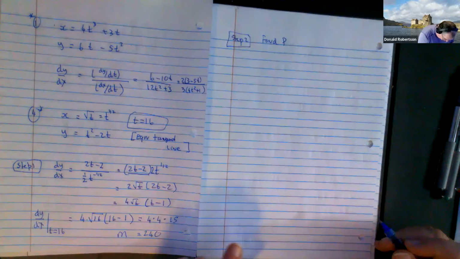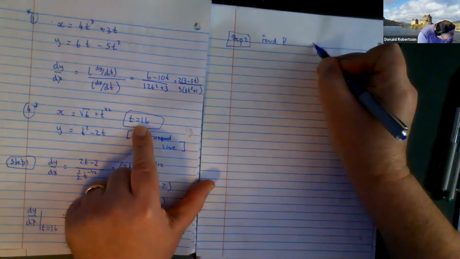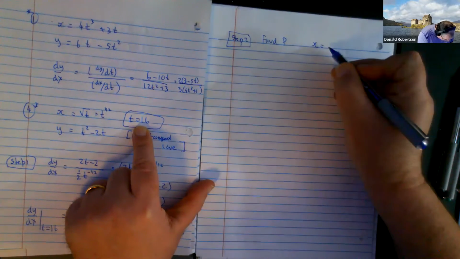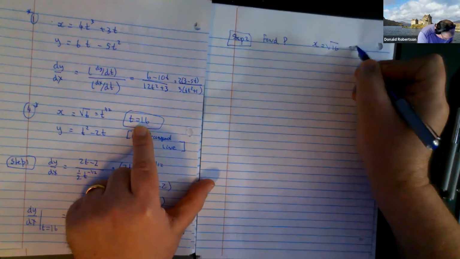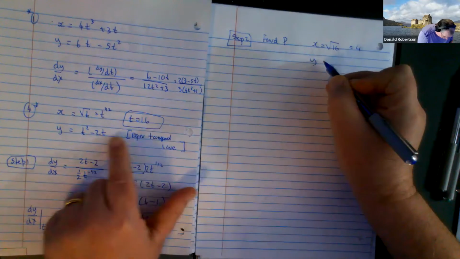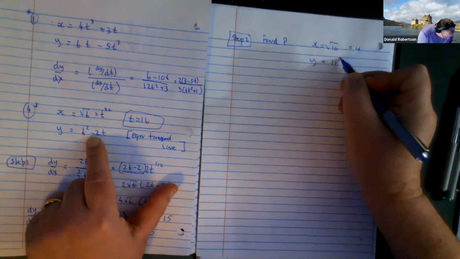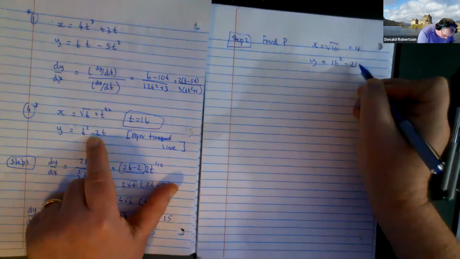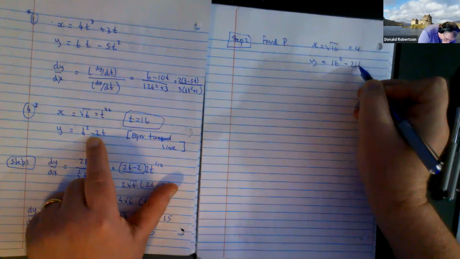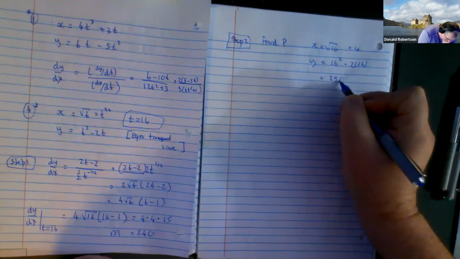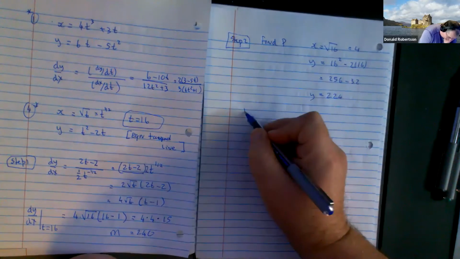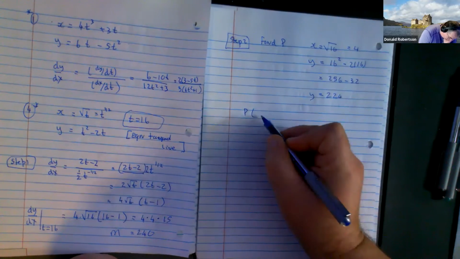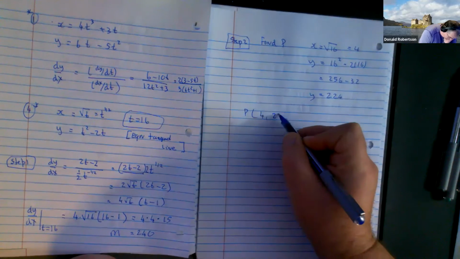If t equals 16, won't the x coordinate of P be the square root of 16, which is 4, and the y coordinate will be 16 squared, take away 2 lots of 16, which is 256, take away 32, 224. So P has the coordinates 4, 224.